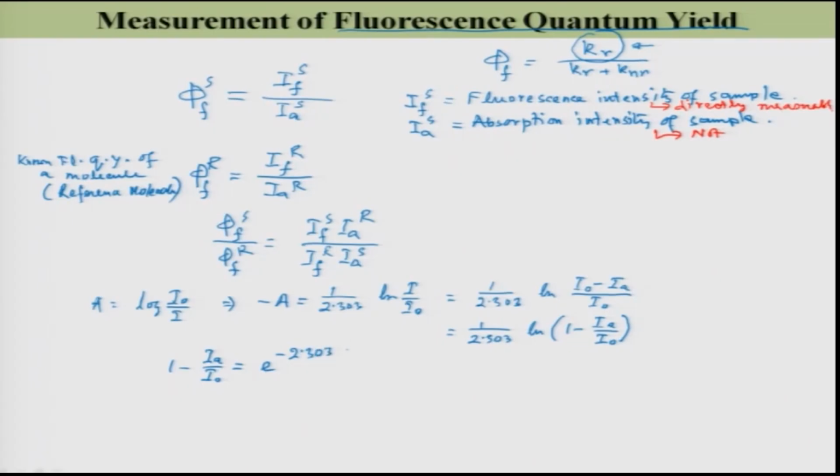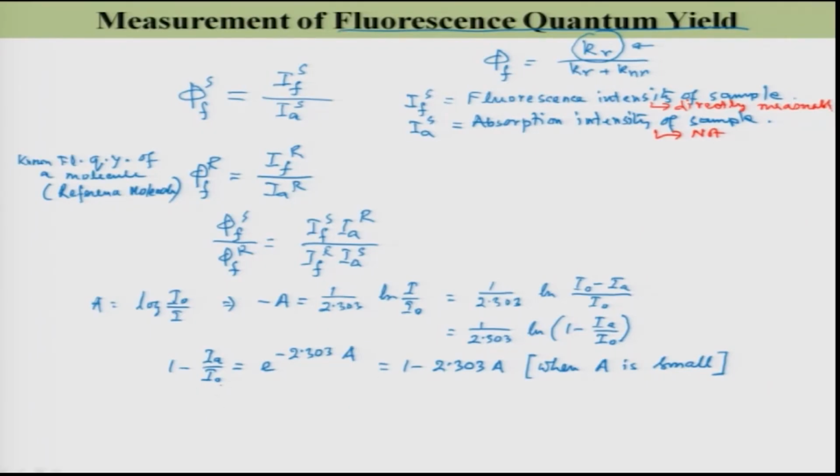2.303 A, A is my absorbance, right. So, this is equal to 1 minus 2.303 A under the condition when absorbance is low. So, let me write here when A is small, right. So, what I will get over here after rearranging this thing?